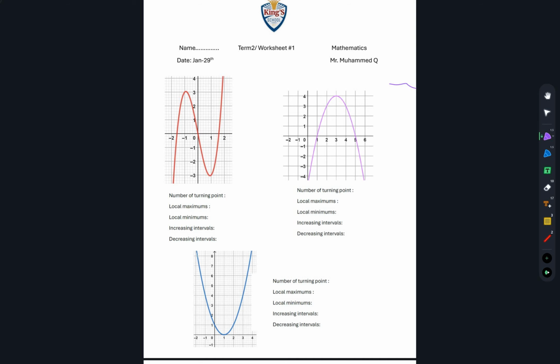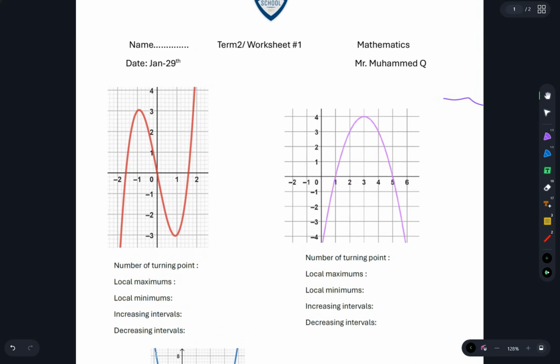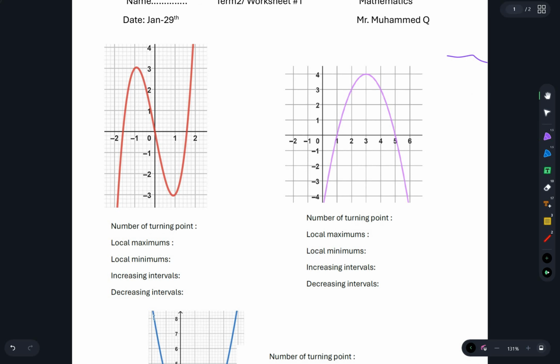First, let's start with the first one. As you can see, it's a letter N, so the polynomial is degree 3, right? Turning point, students, I explained before. I'll remind you. Turning point was the point where the graph changed from increasing to decreasing, or from decreasing to increasing.